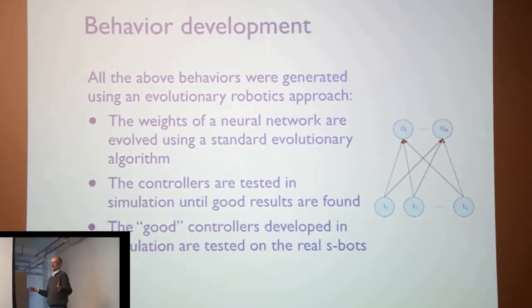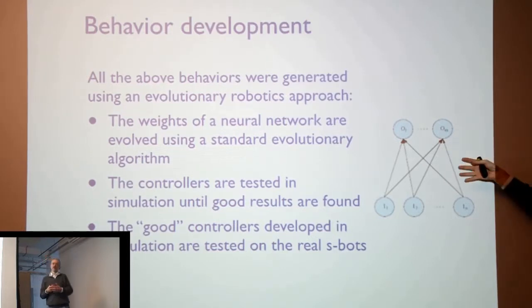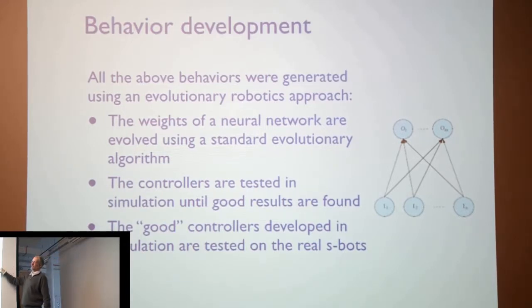The genetic algorithm is an abstraction of what happens in population genetics: we test each of these neural networks on the robots and measure how good they are at solving the task.